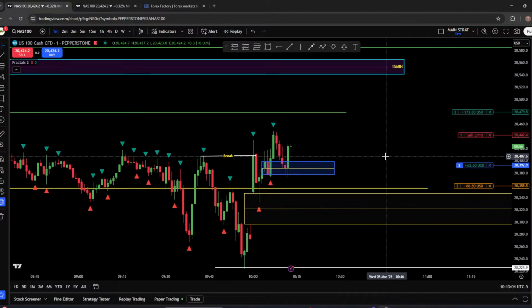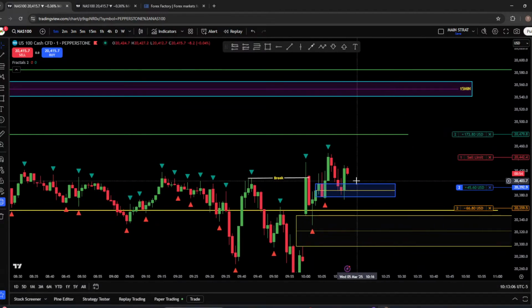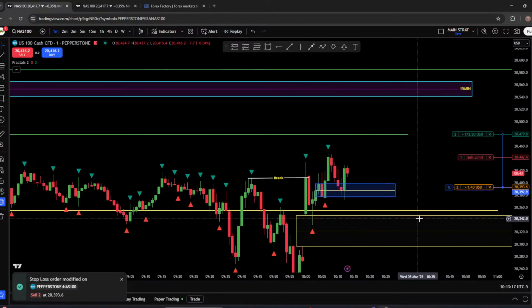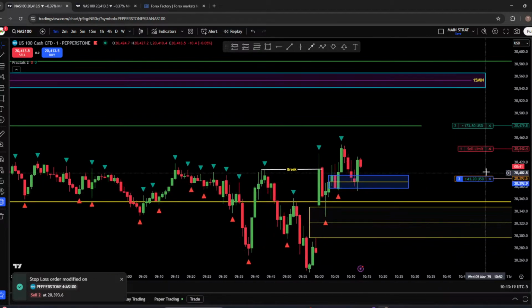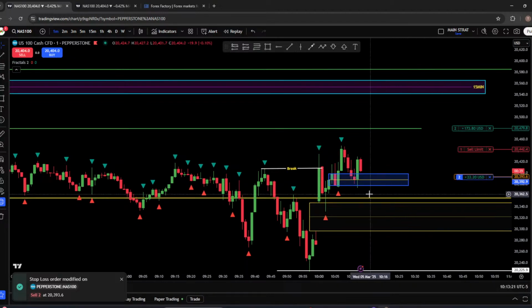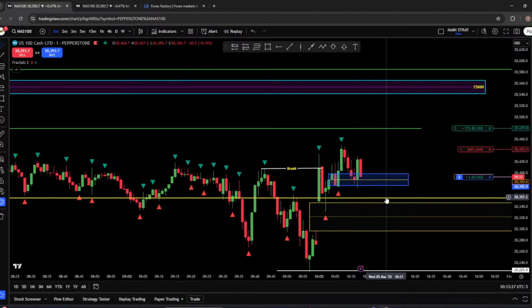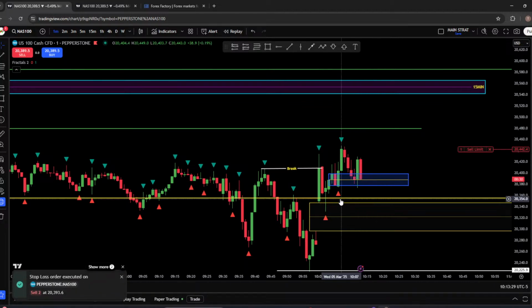See if we can get a fair value gap here. Go ahead and break that even. We'll have to wait for this candle to close to show us if we're going to form a swing low. Got stopped out there.